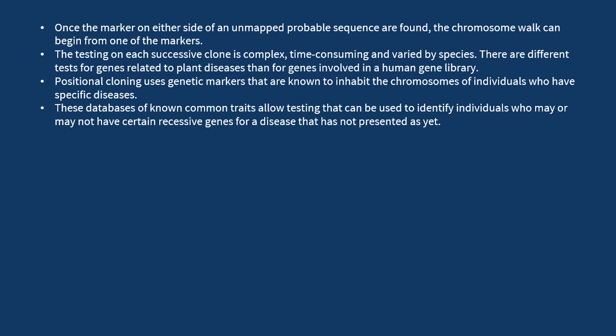These databases of known common traits allow testing that can be used to identify individuals who may or may not have certain recessive genes for a disease that has not presented as yet. So depending on these databases, we can allow testing for some recessive genes of a disease that may be present or may not.